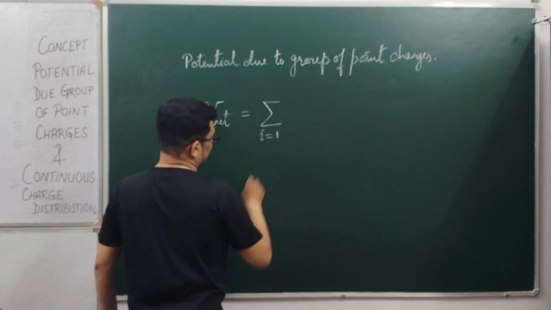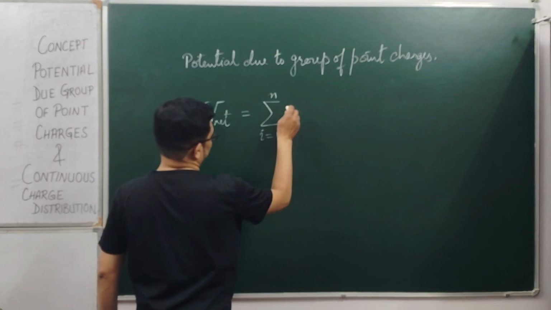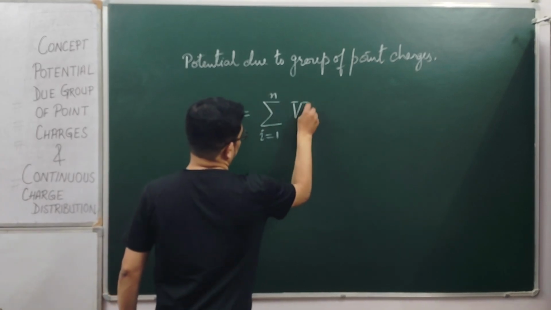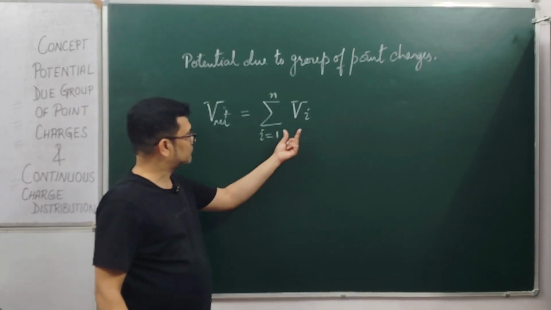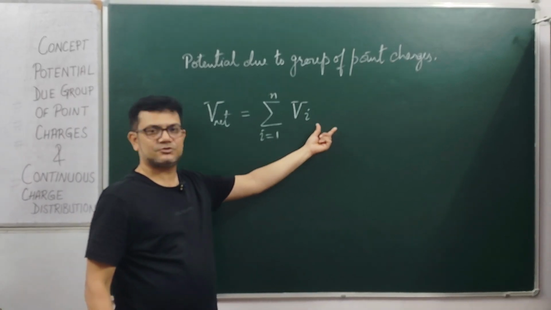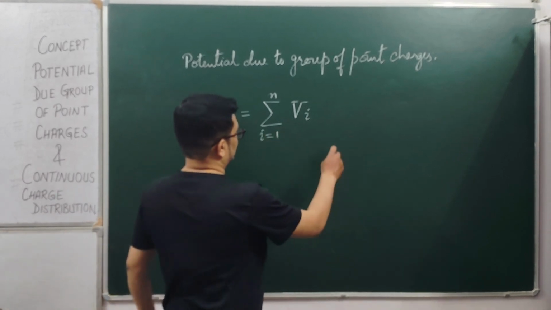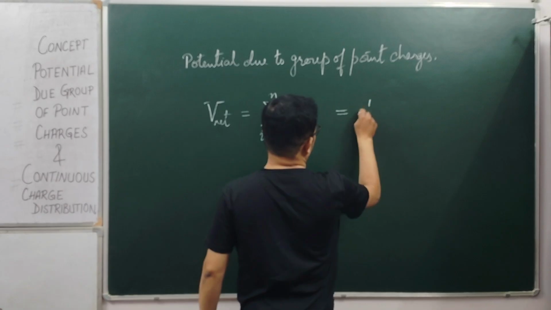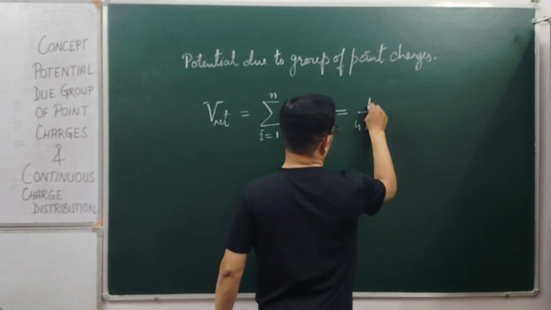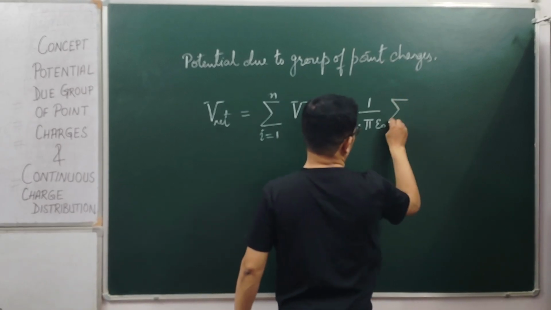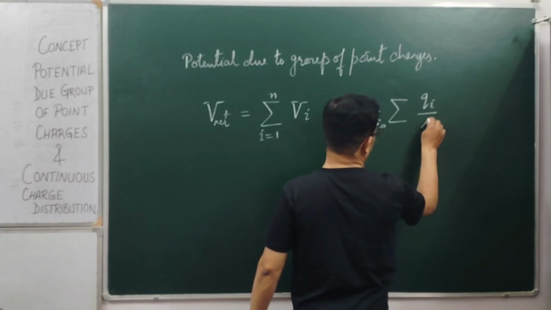Suppose you have charges, i equal to 1 to n charges, and you have the individual potential because of the first charge, the potential because of the second charge, and you just need to add them algebraically. And we know that because of a point charge, this can be written as 1 over 4 pi epsilon naught, the constant term we take out of the summation, and we'll just be adding up Qi over Ri.